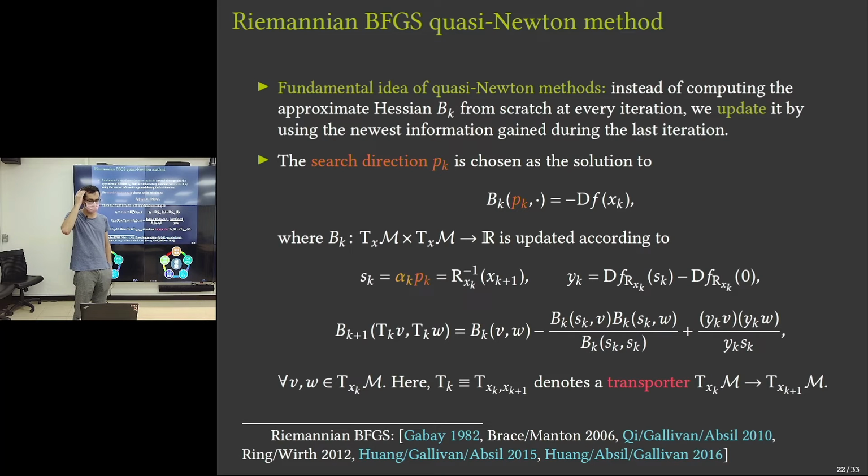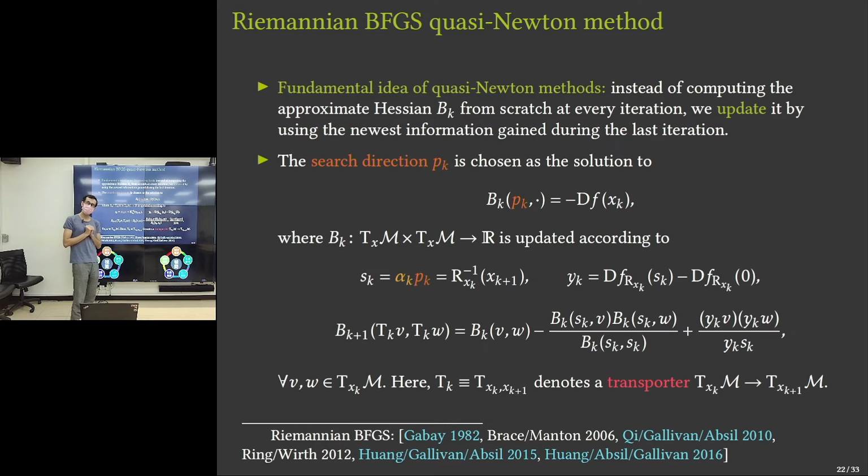In addition to considering an approximate Hessian, instead of computing the approximate Hessian, which is called BK, from scratch at every iteration, we update it. So we update BK by using the newest information that we gained during the last iteration.